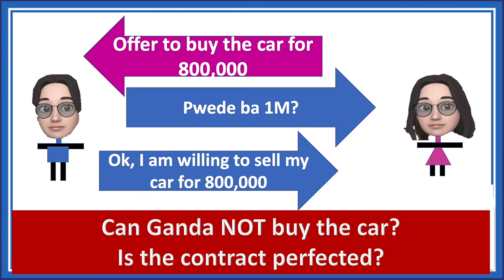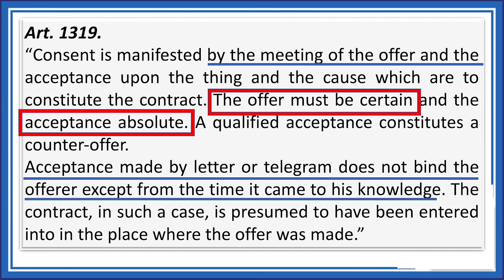Now, let's proceed in our discussion. Where are we now? Okay, we're done with the first paragraph of Article 1319. We've discussed it, so let's proceed with the second paragraph.